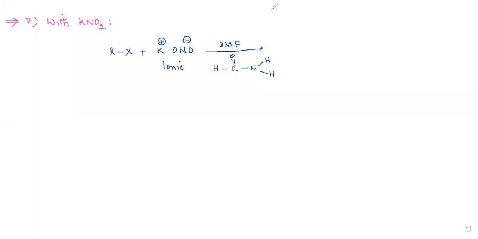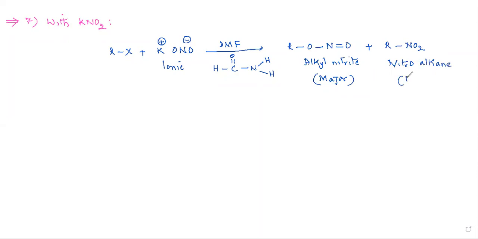Now in this case also, SN2 is what happens, and we get alkyl nitrite as the major product. And the nitroalkanes are minor. Okay.